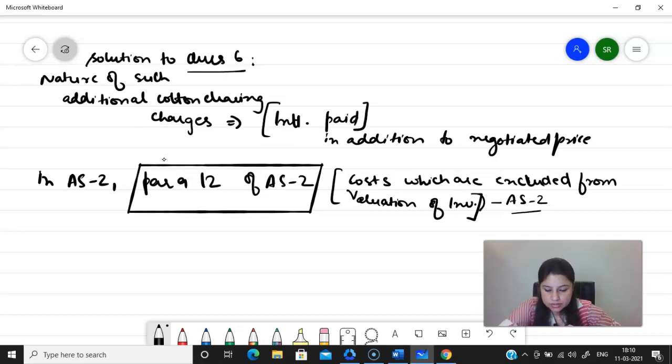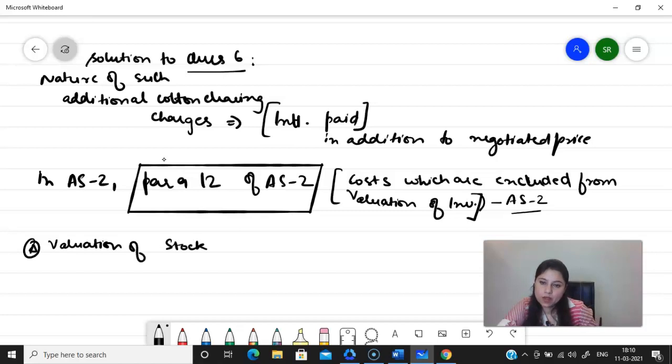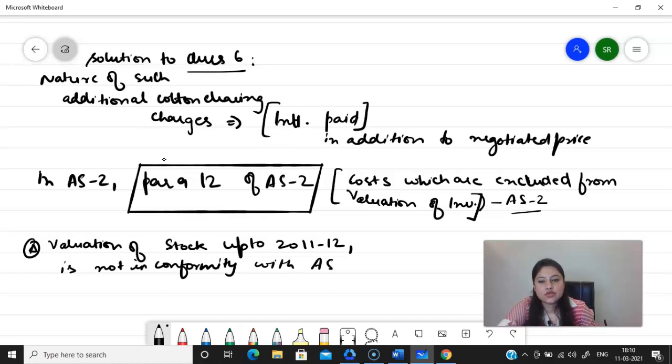So what did the company decide to do? The company has regularly included such charges up to 2011 and 12, so basically the valuation of stock up to 2011 and 12 is not in conformity with accounting standard 2.